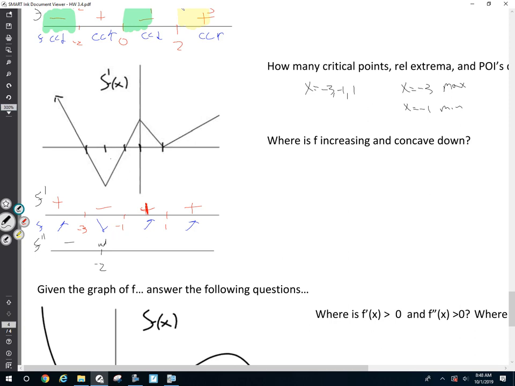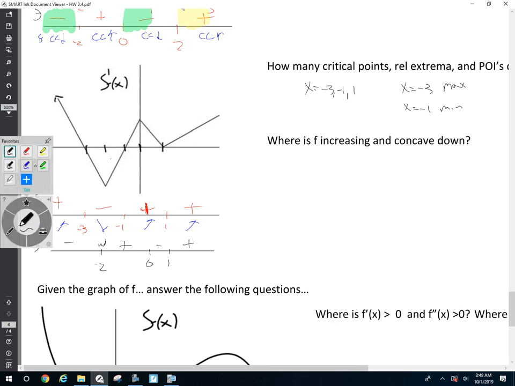I don't know how it's going to look on f, but it could be just a sharp point or a vertical tangent or something like that. Then from negative 2 to 0, the tangent slopes are positive. And then from 0 to 1, they are negative. And then after 1, they are positive.